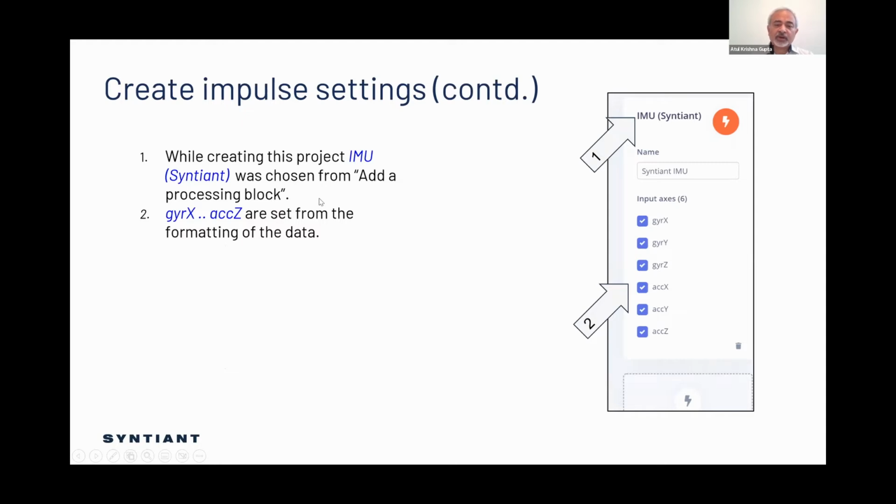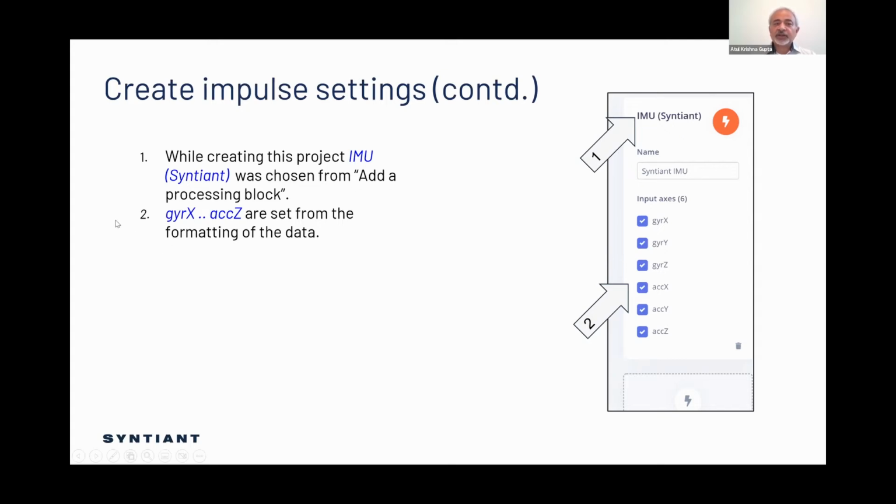And later on, we would delete the block and then add it again to see what we need to do here. While you're doing it, you have to select IMU with the Syntiant in its bracket, because that guides how this board would be working.